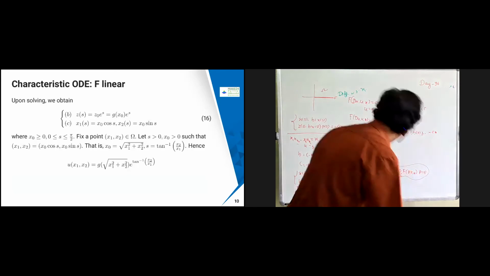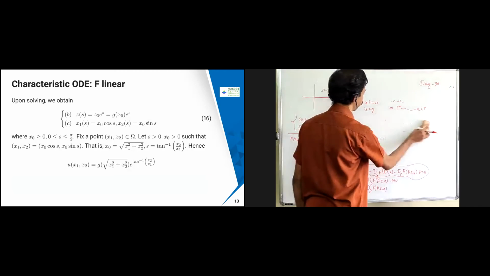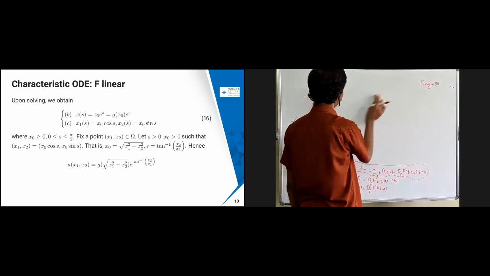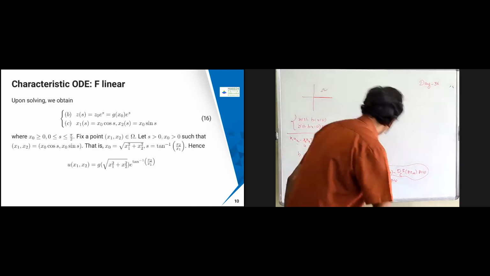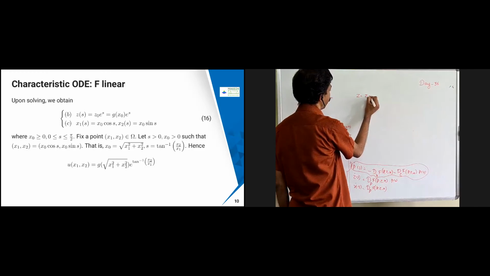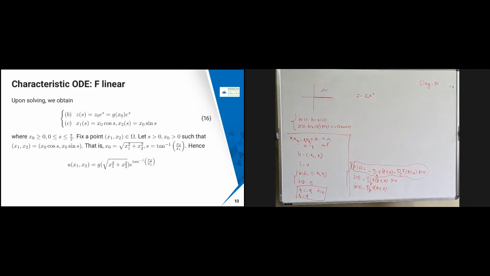Okay, so I'm going to get z equal to z naught into e power s, and x1 dot equals minus x2, x2 dot equals x1.